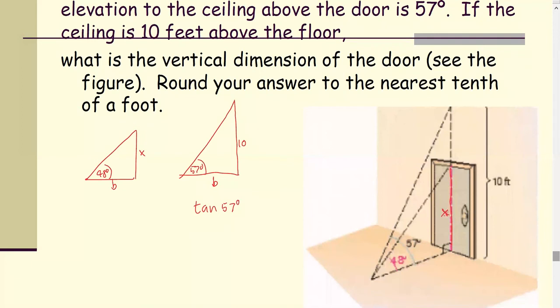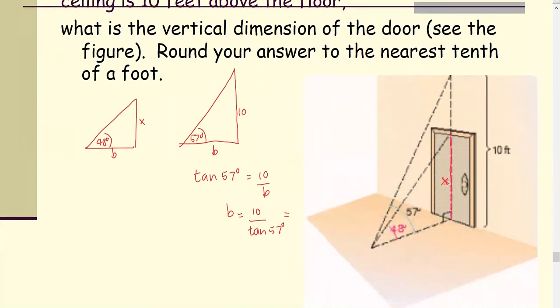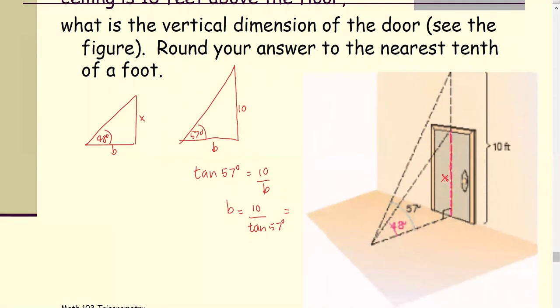Tangent 57 degrees equals 10 over B, or B equals 10 divided by the tangent of 57 degrees. Using the calculator, B will be 6.5 feet. The problem asks you to write the answer to the nearest tenth of a foot, so B is 6.5 feet.